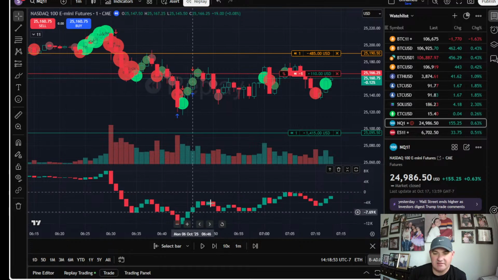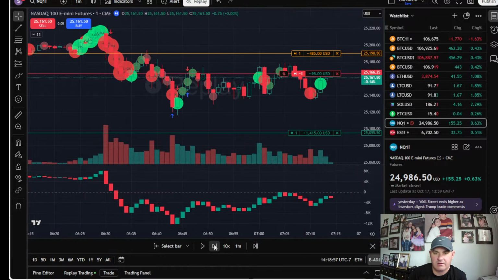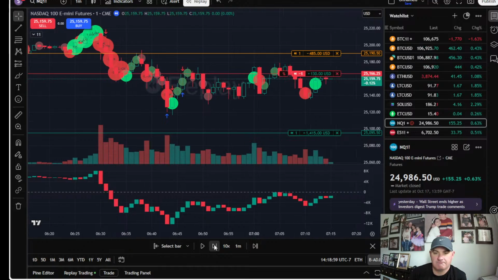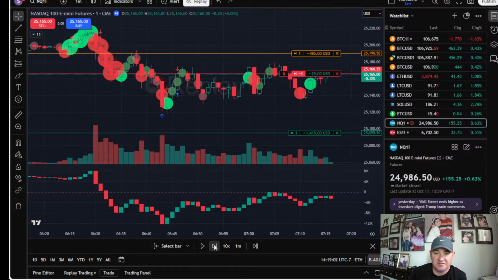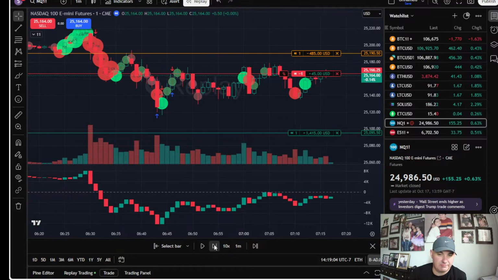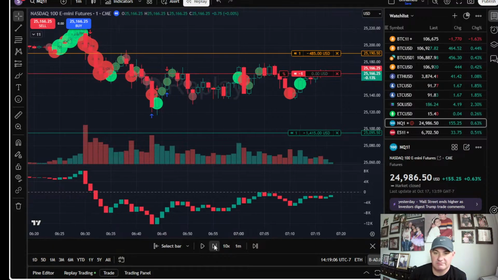Yeah, I mean, it's basically in a range. And I don't know if these indicators or the updated parameters are going to help it.